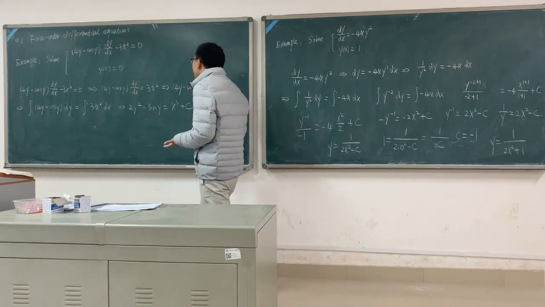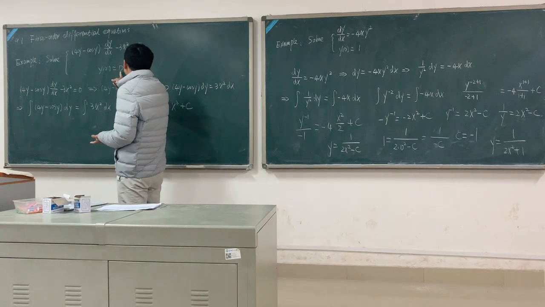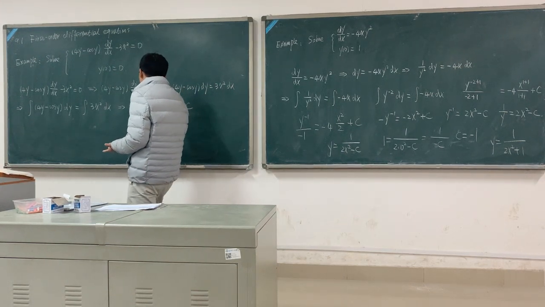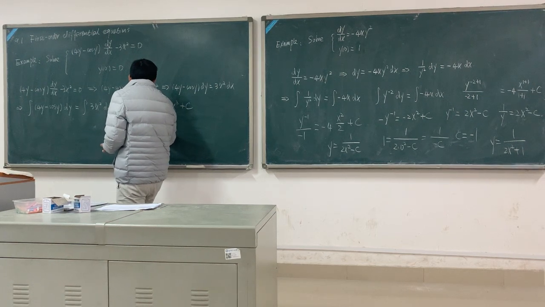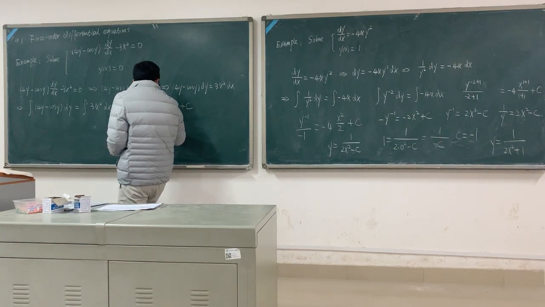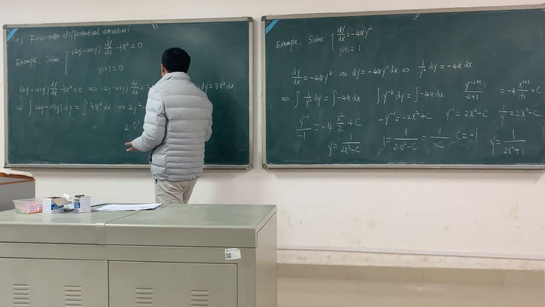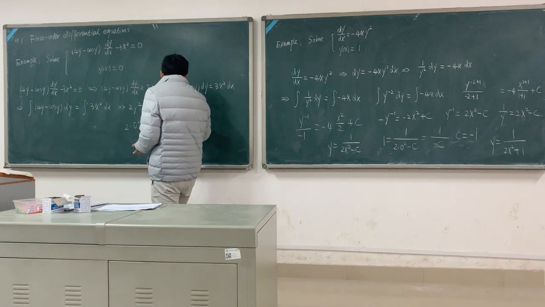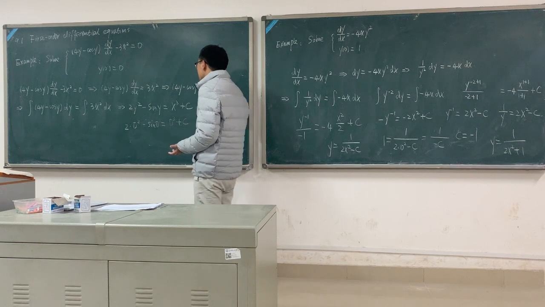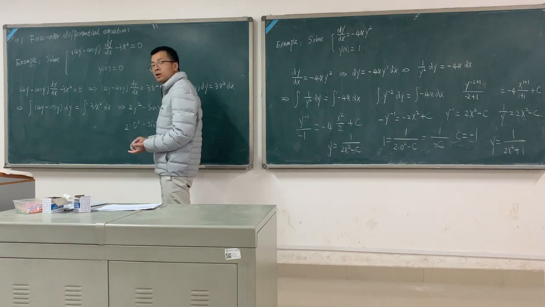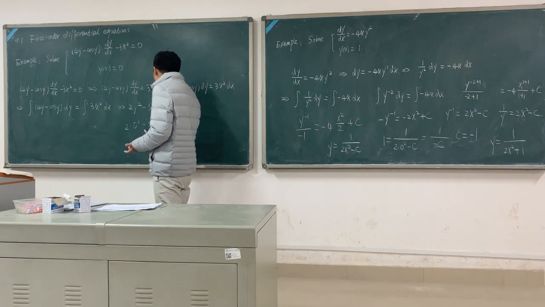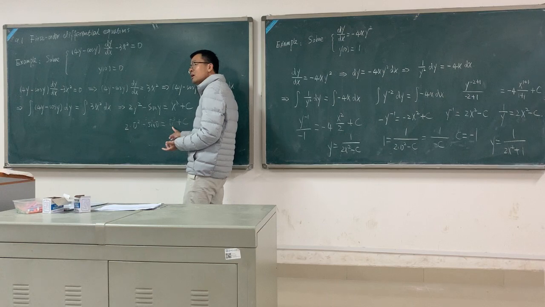So when x equal to 0, y equal to 0, we have 2 times 0 squared minus sin 0 equals 0 cubed plus c. 2 times 0 squared is 0, sin 0 is 0, so 0 minus 0 equals 0 cubed, which is 0.